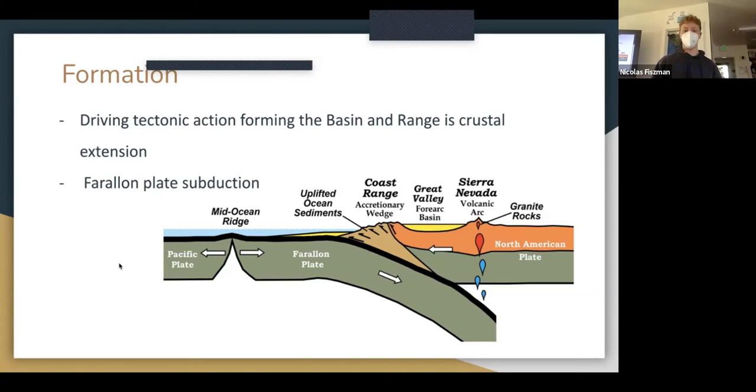You can't really see it in this diagram, but it was a mountain range similar to the Andes.